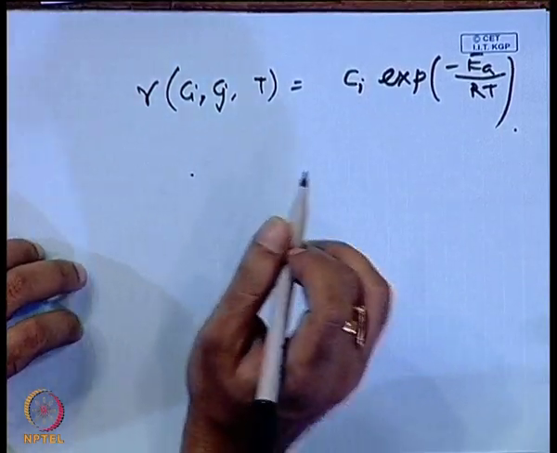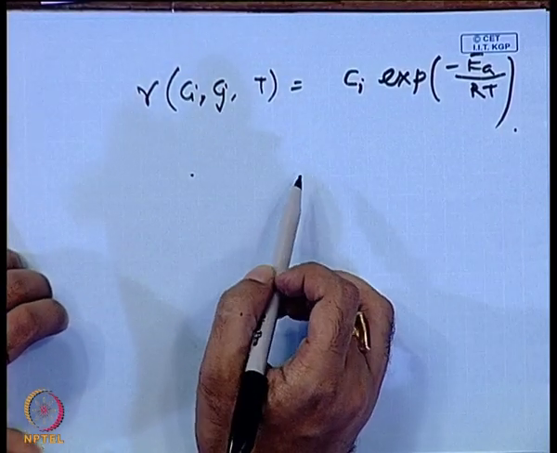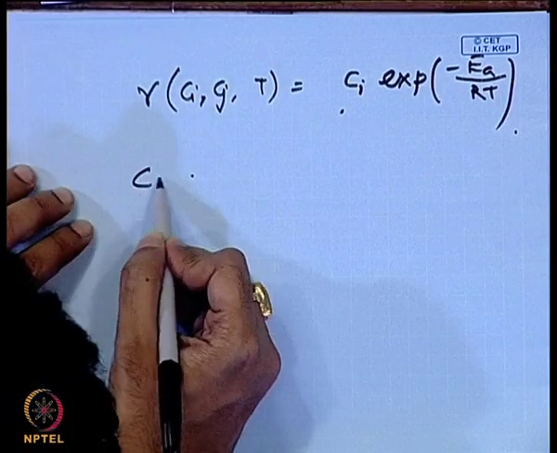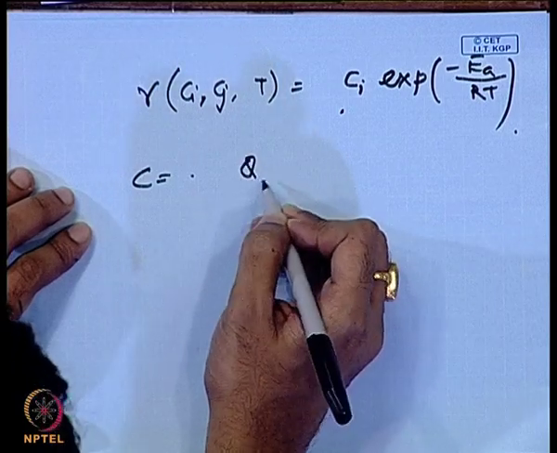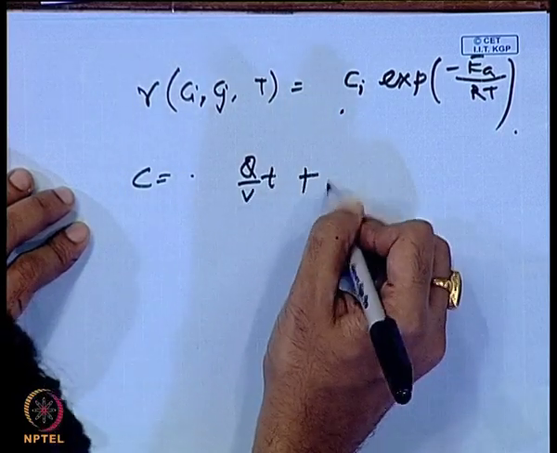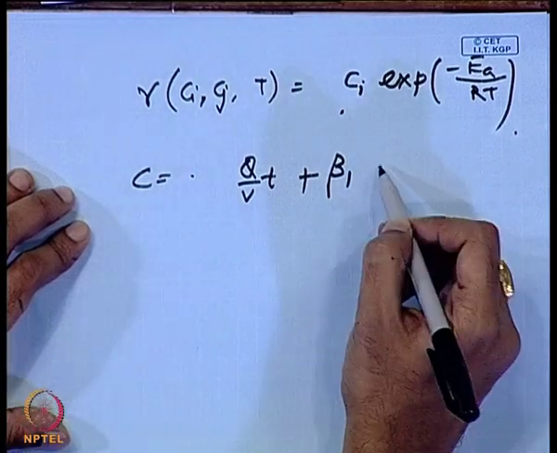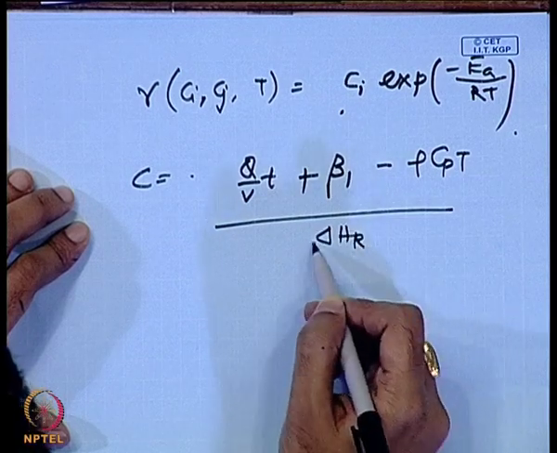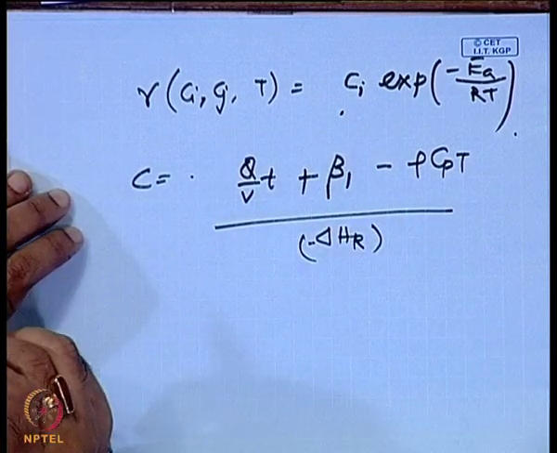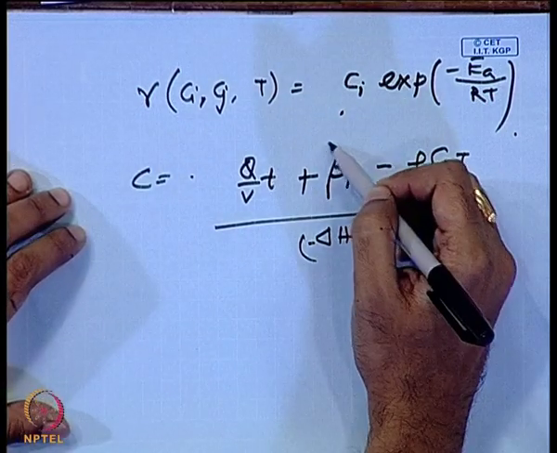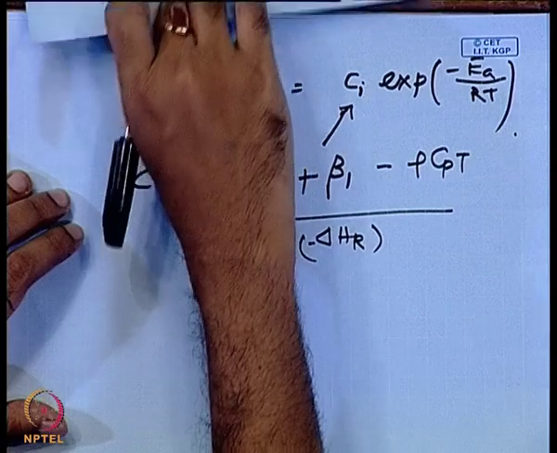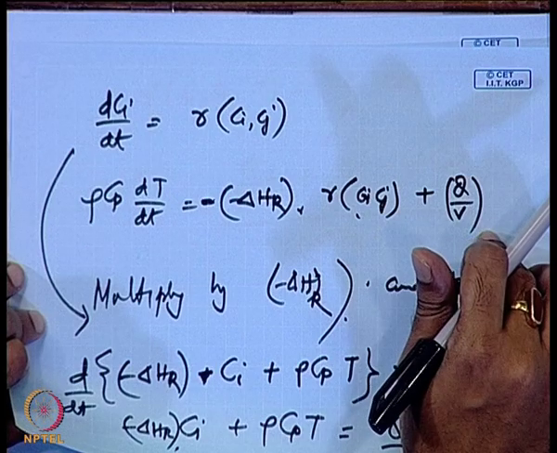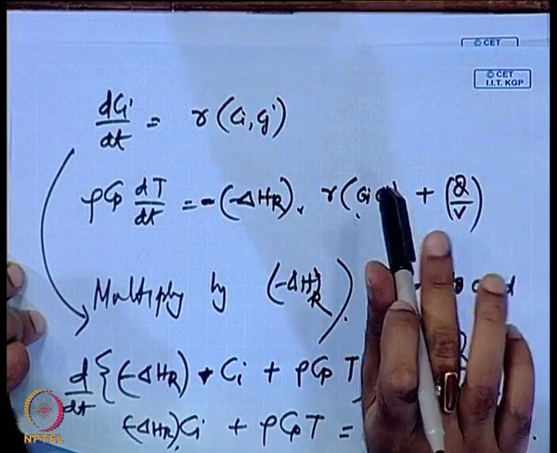Because Ci is linear here, you can replace Ci by what you got: Q over V times t plus beta 1, a constant, minus rho Cp T, divided by minus delta Hr. Now it becomes an equation in T alone, and you can go ahead and solve it, though it is still nonlinear.